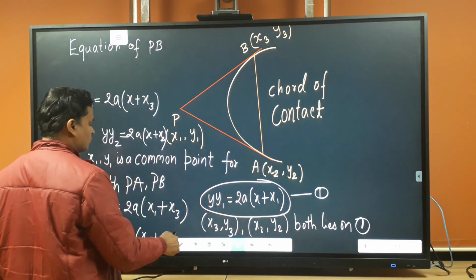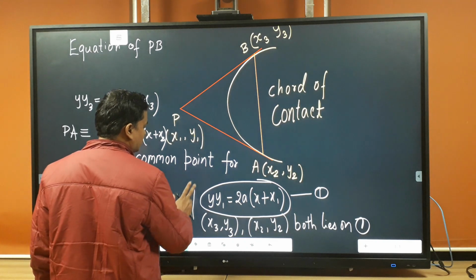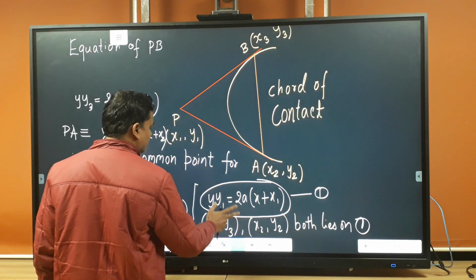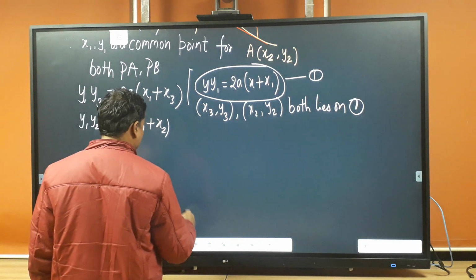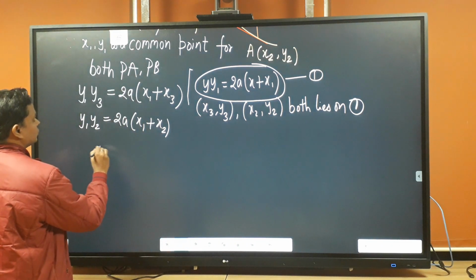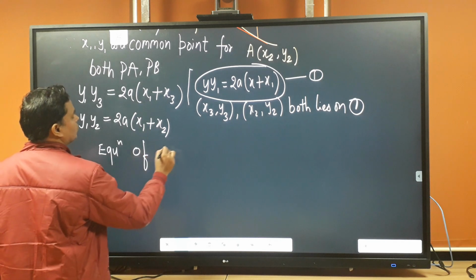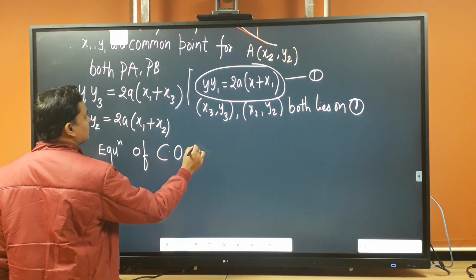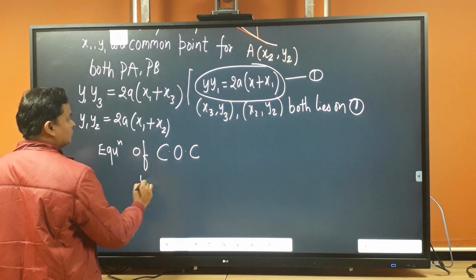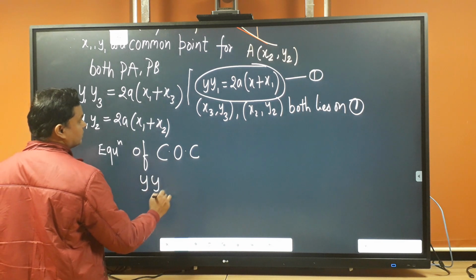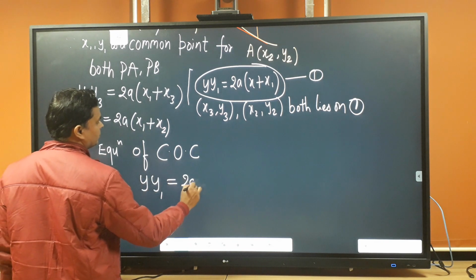Therefore we can conclude that this is the equation of our chord of contact. So the equation of chord of contact, in short, is y y1 equal to 2a into x plus x1.